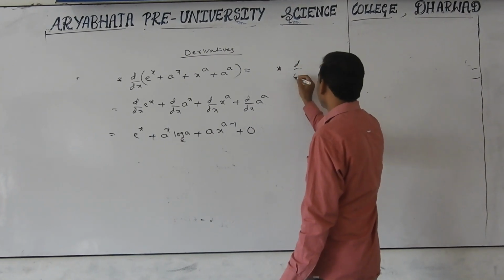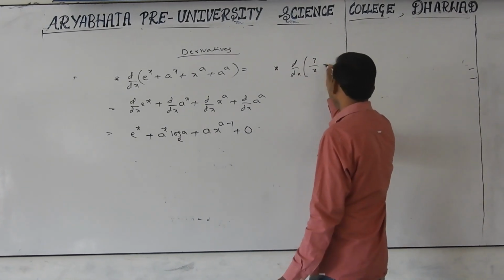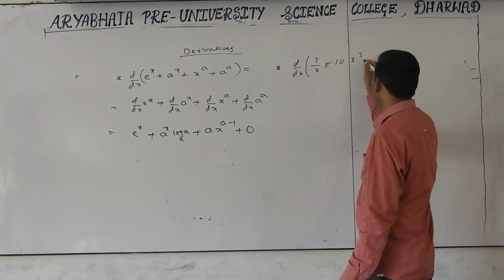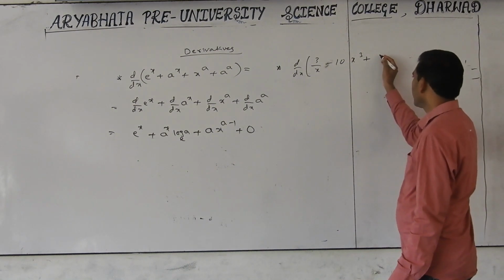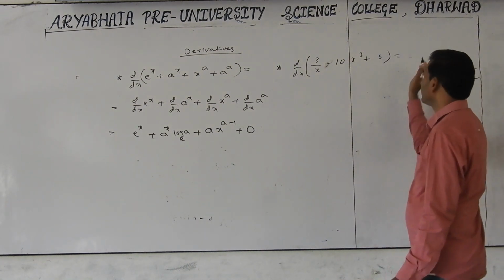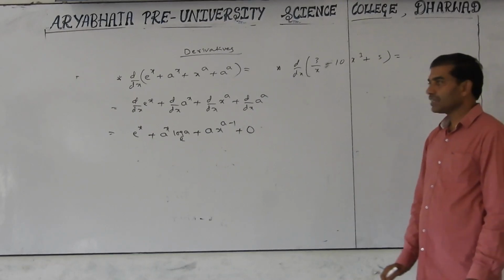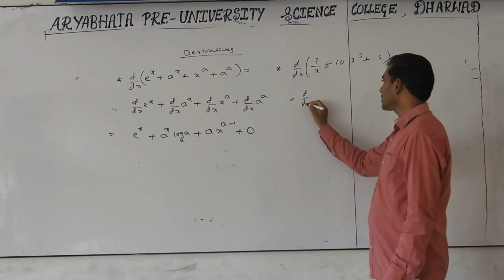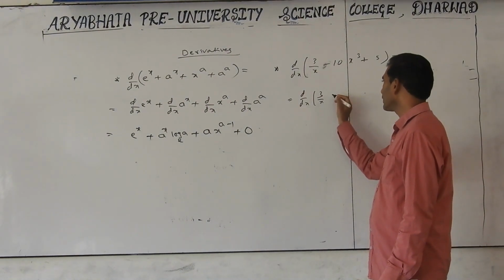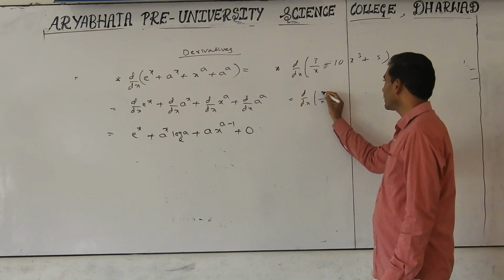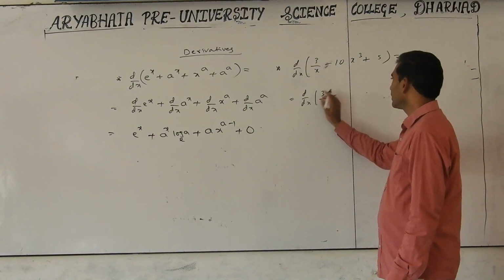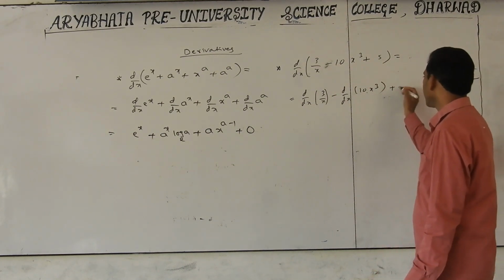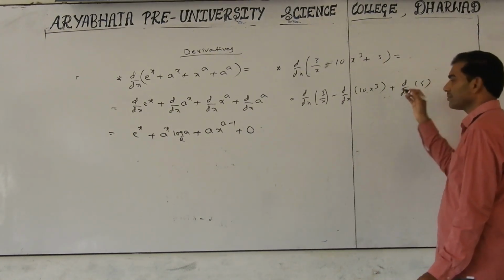D by dx of 3 by x minus 10 into x cube plus 5. 3 by x minus 10 x cube plus 5. Tell me here, d by dx of 3 by x minus d by dx of 10x cube plus d by dx of 5.